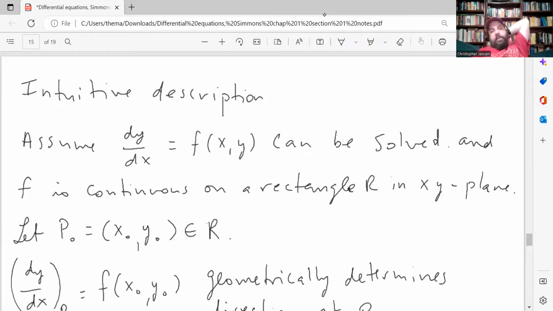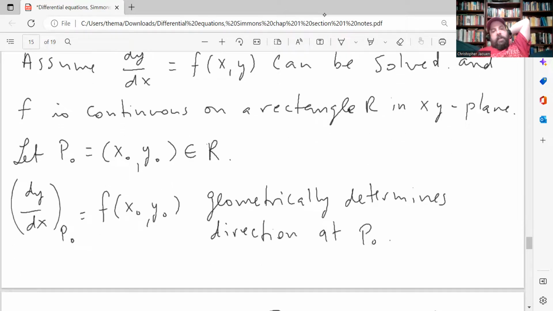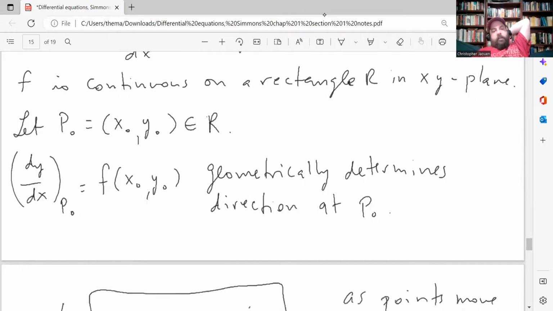If P0 is some point x0, y0 in the rectangle, then if you evaluate the derivative of y with respect to x at that point, you get this number here. It just comes from the differential equation, right? This geometrically determines the direction that the integral curve should be headed at that initial point P0.